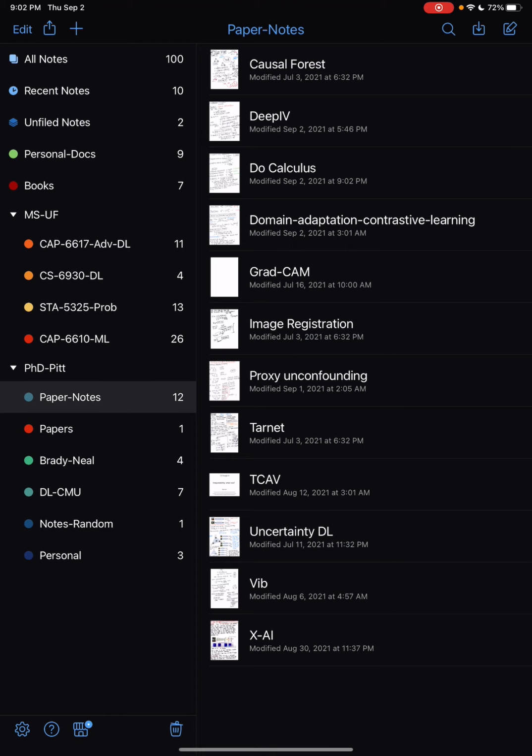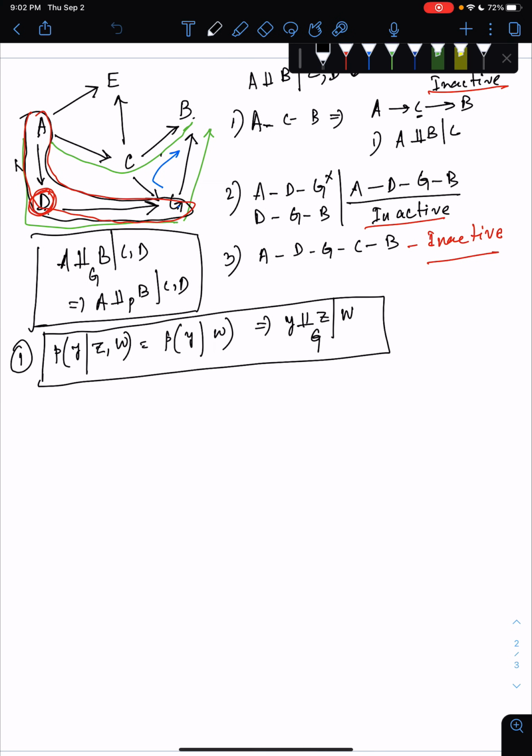We are in a graph where Y and Z are d-separated by a third variable, W. If this holds true in the graph, then in the distribution Y and Z are also conditionally independent given W. That's why we are not including Z after this conditioning bar.